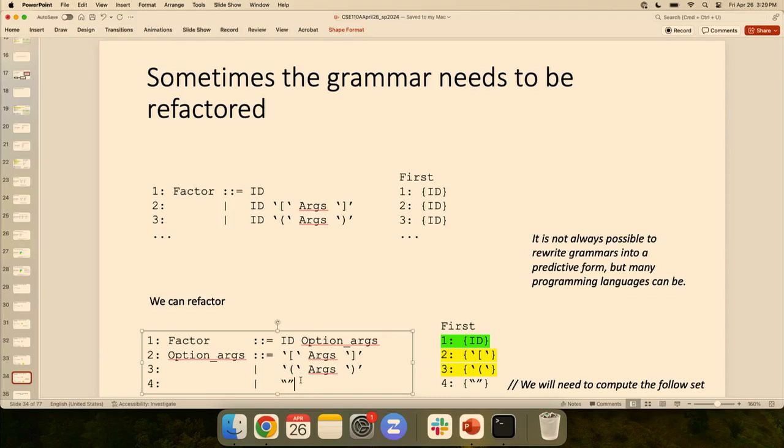So you wouldn't want to say none here, because that means that's the end of your file. You're completely done. What this means is, it's optional. You can match an opening, you can match array indices, you can match function calls, or you don't match anything, and you just are finished parsing optional args, pop back up to the factor, and pop back up to wherever you need to go.